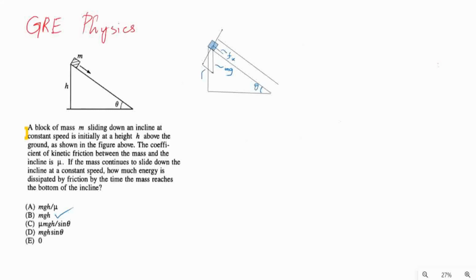And this is mg sine of this angle, which is, by the way, also angle theta. A little thought will show you that this angle is the same as this angle, theta. And this component of the force, you call it mg cosine theta.